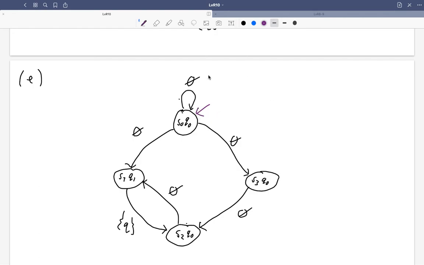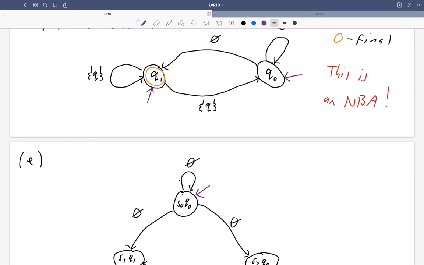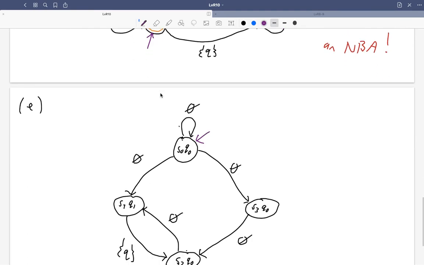And final states, all states that are final in the Bookie automaton. So Q1 is final in the Bookie automaton, so all the states with Q1.